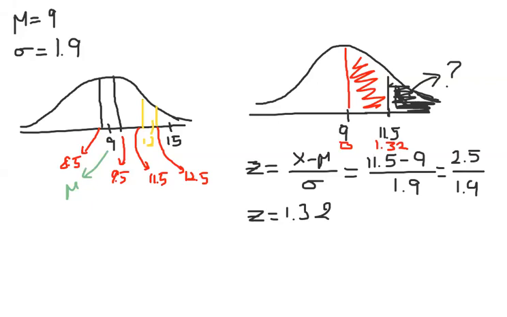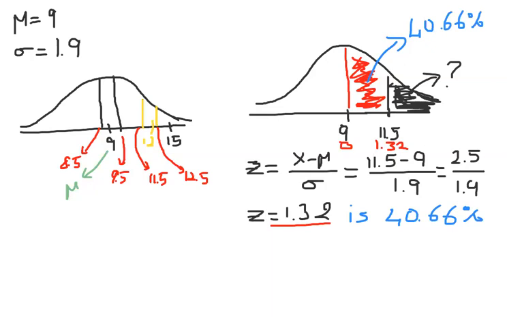When you look up z equal to 1.32 on the table, it gives the area between 0 and 1.32. When I looked at it, I got an area of 40.66%. This is this part.